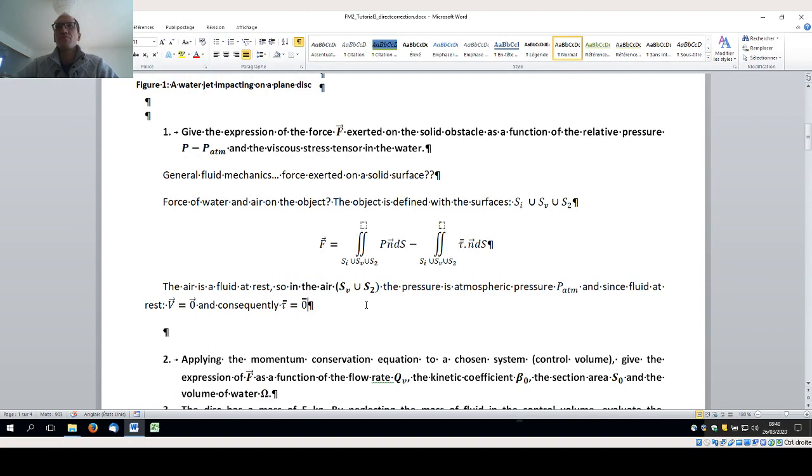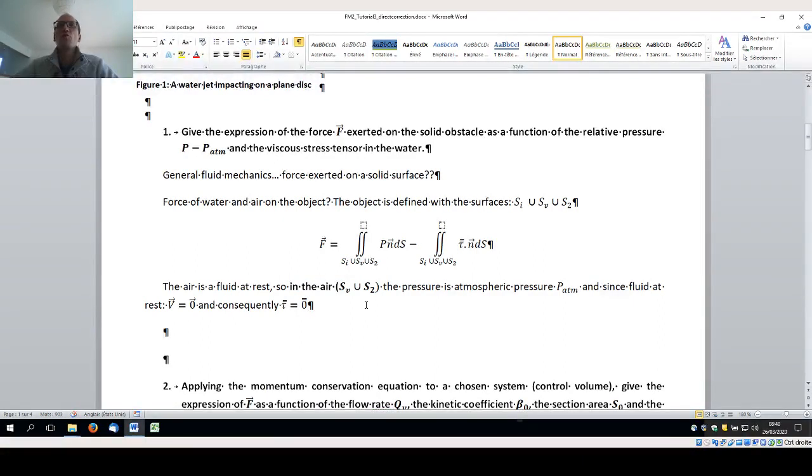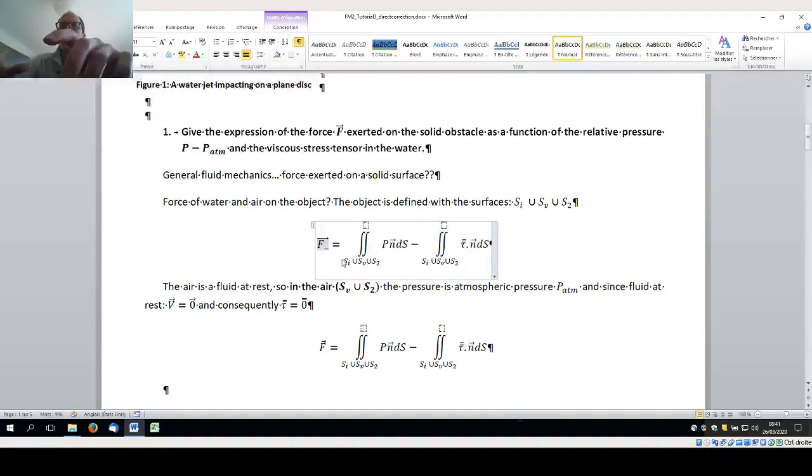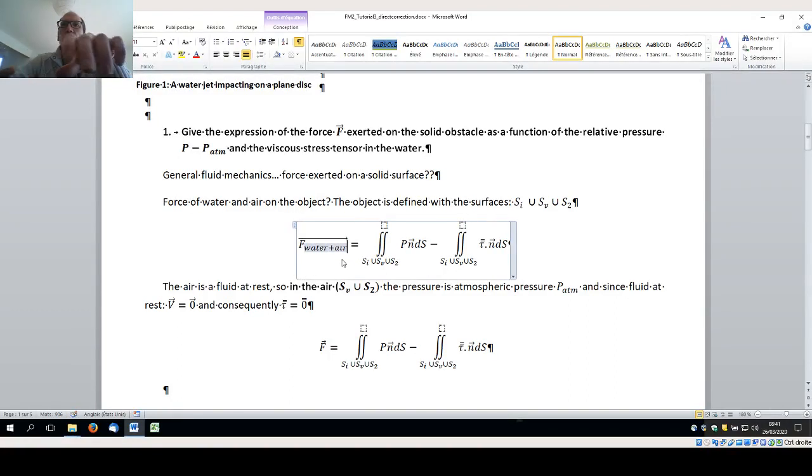So this means that we can just rewrite the force. This is the force exerted by water on air.